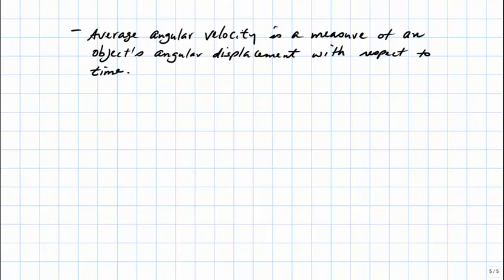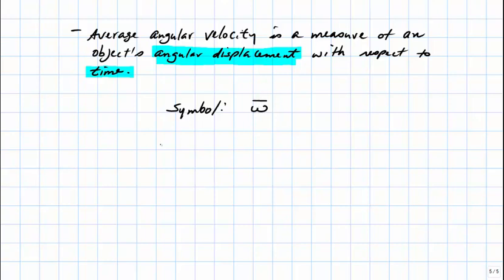And so the components of average angular velocity are angular displacement as well as time. The symbol for average angular velocity looks like this. We use the Greek letter omega, which is a rounded version of the letter W. And let's make sure that we use the rounded version when describing angular velocity.